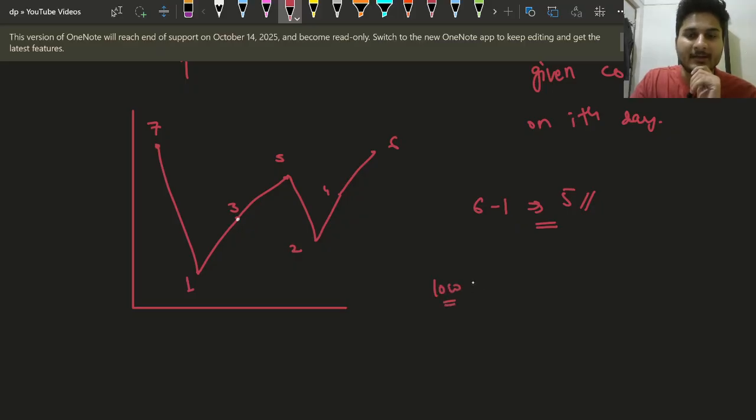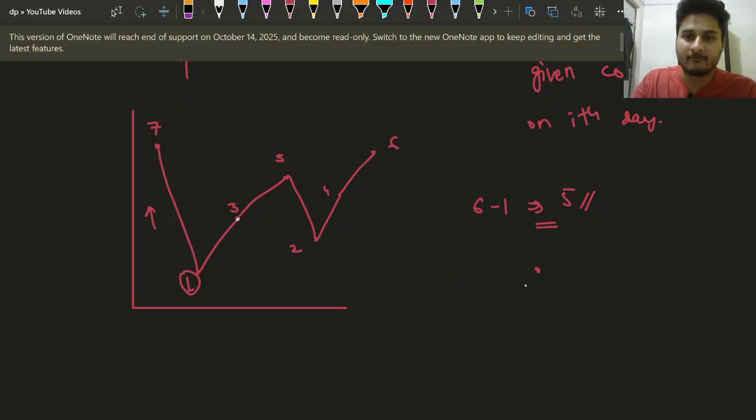We are going to buy when the value is lower than the previous value. At that point, it means the stock is decreasing, and at that point of time we are going to buy.